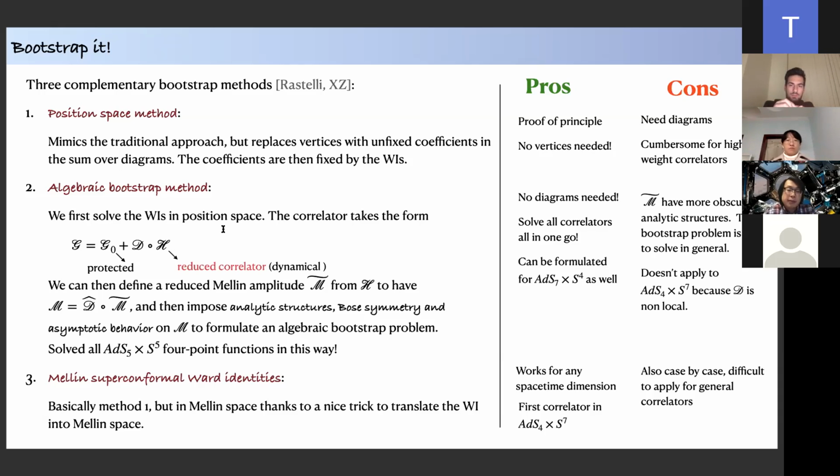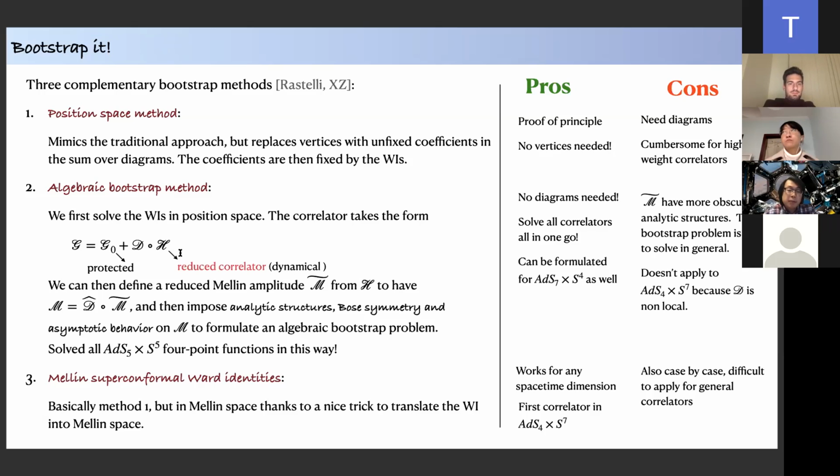To do that, we first need to solve the superconformal Ward identities in position space, and the solution takes the following form. We have a protected part, which can be computed at zero coupling, and then there is another part that captures the dynamics. The second piece has the form of some differential operator, which is completely specified by symmetries, acting on some H, which is called the reduced correlator.